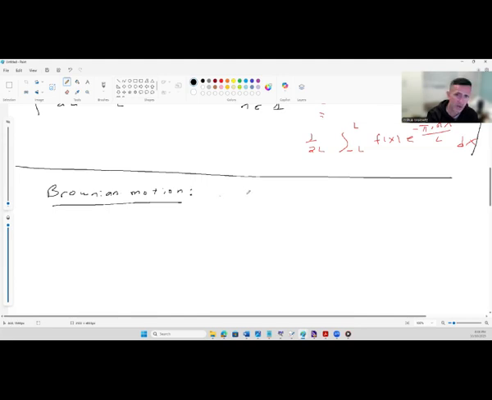Prove that. All right, so let's say these are IIDs. This is zeta, I think. So independent, identically distributed, and these are distributed each one of these is normal, mean 0, standard deviation 1.